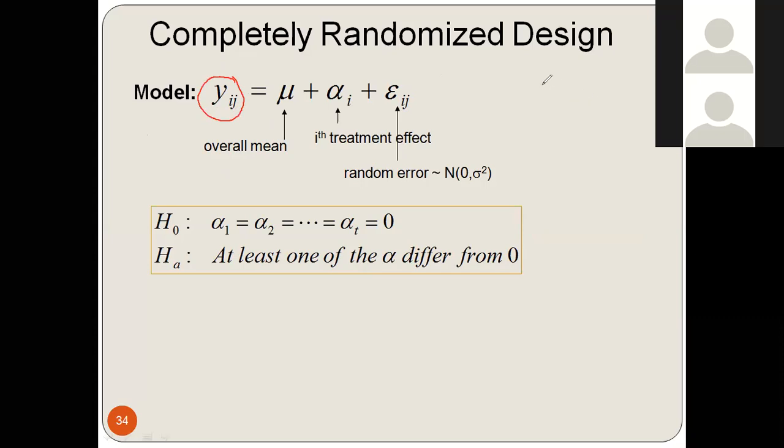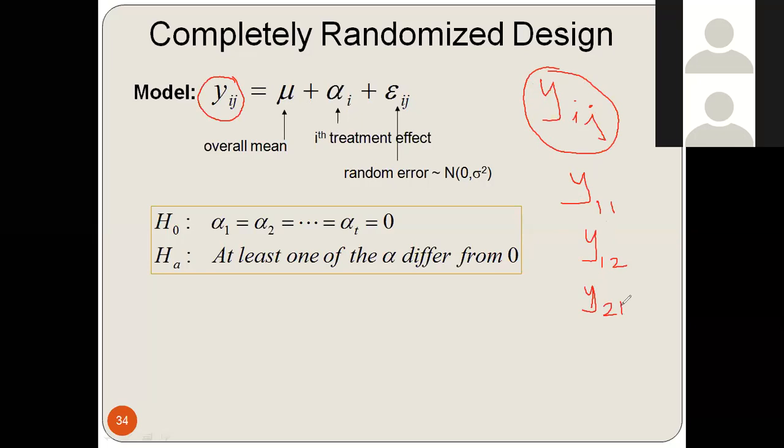Usually we give it a notation, and I will come to that notation a little later. Yij, for example. Yij is the observed value. Each observed value, for example y11, y12, and likewise y21. These are different values. Each of these is a different observed value. I will come to that explanation.